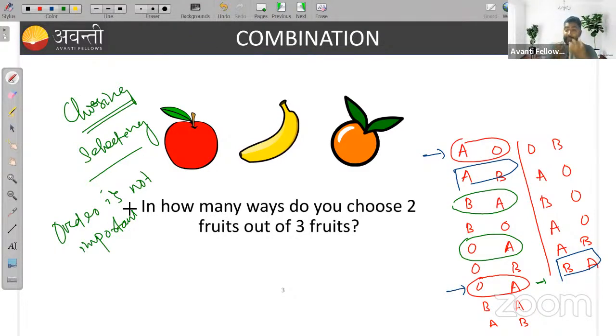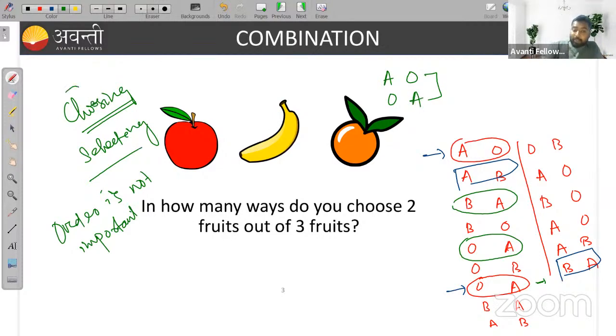But when we are arranging some objects, in case of permutation, order is important. Apple seated to the left of orange, and orange seated to the left of apple are two different cases we count in permutation.